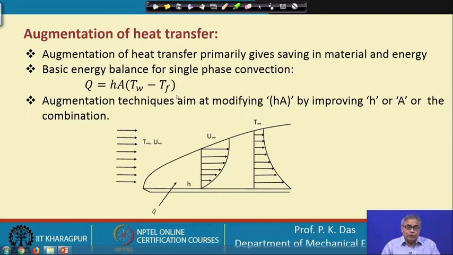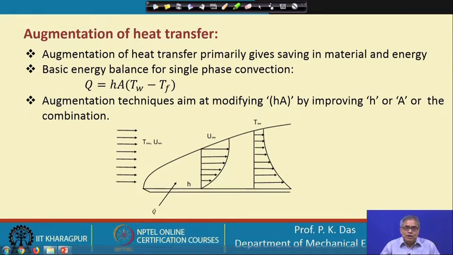So, you see in this equation, let us say we want to maximize Q, and our T_w and T_f are fixed, then we have these two quantities h and A. h is the heat transfer coefficient and A is the surface area.